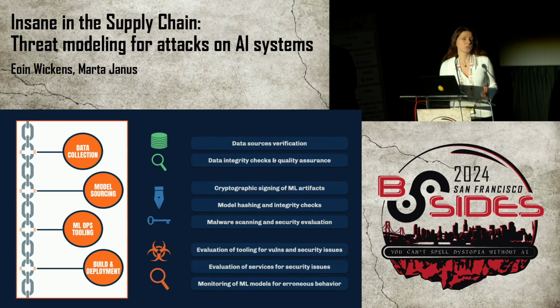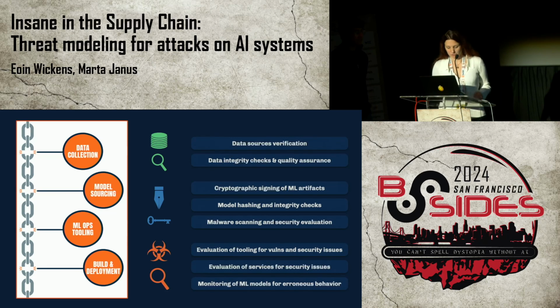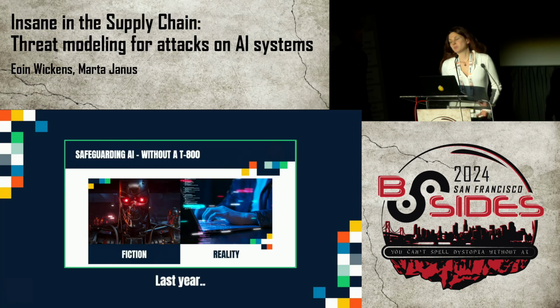Well, we first have to take a step back and apply all the security measures that we apply to software also to the machine learning models. That's the basics. We have to build on top of it very sophisticated solutions that are targeted just for machine learning, for AI solutions. But before we do that, or while doing it, we have to go a step back and apply all those things that we apparently forgot to apply before.